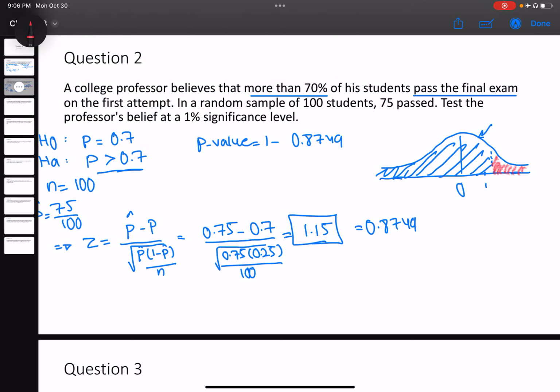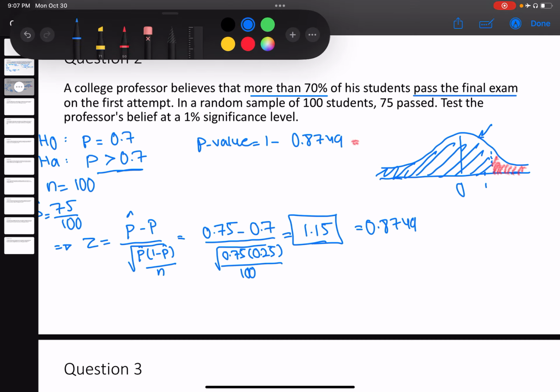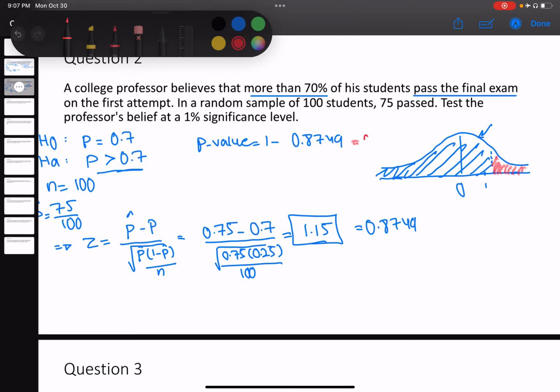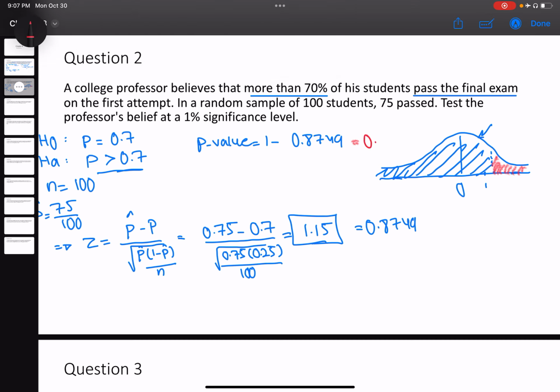So we have to subtract this probability from 1, which equals 1 minus 0.8749. It equals 0.125.